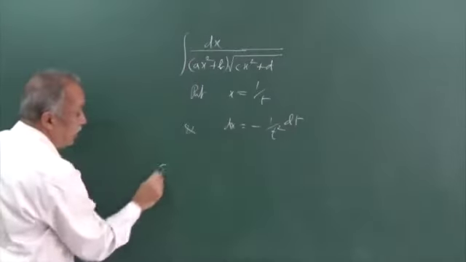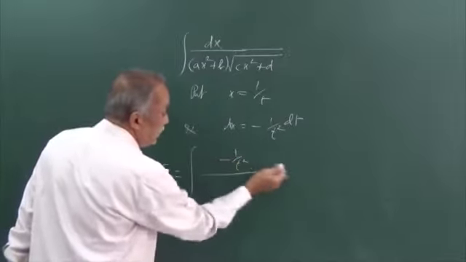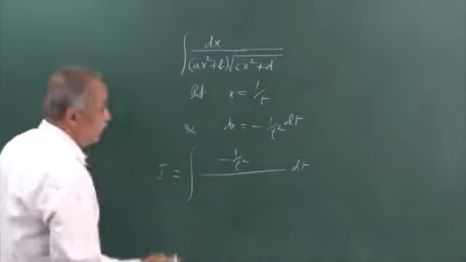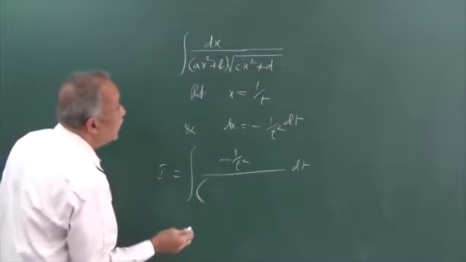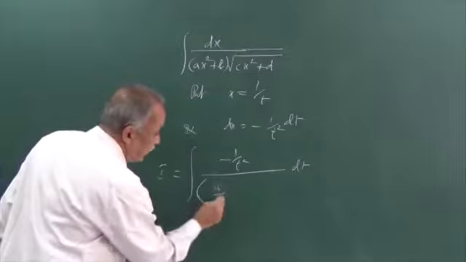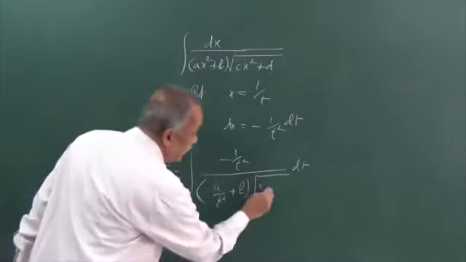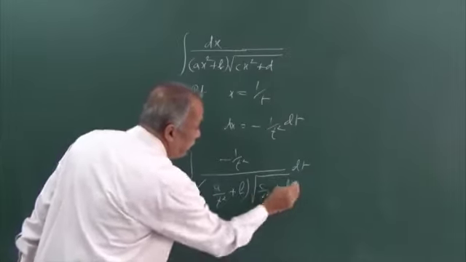As a result, my integrand becomes minus 1 by t square divided by a by x square is t square plus b into root of c by t square plus d.